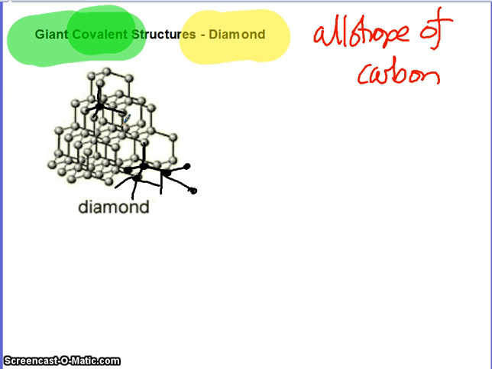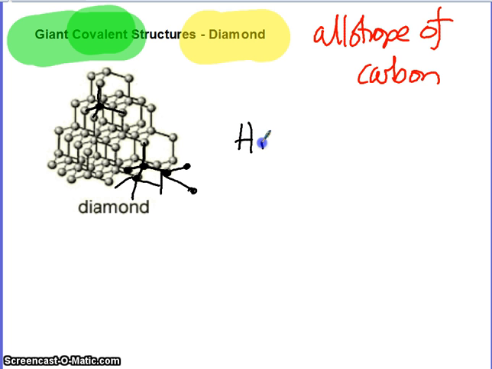So the atoms just won't move because they're held in place by millions of covalent bonds. Likewise, when we heat it up, the heat doesn't just go into breaking one covalent bond, it has to break hundreds, thousands, millions of covalent bonds all over the place. So it gives it a very, very high melting point.